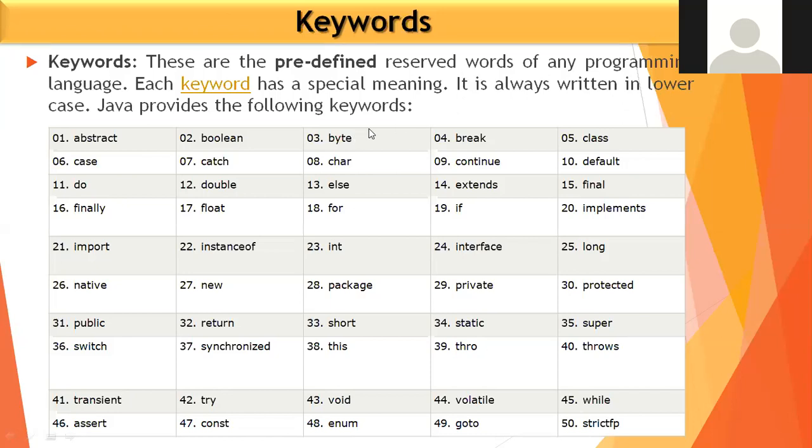Reserved words of any programming language are predefined, have a special meaning, and are always written in lowercase. See, Java is the successor of our C language. We know that the C language was initially developed in 1972 and it is a procedure oriented language, but it has no object oriented concept.